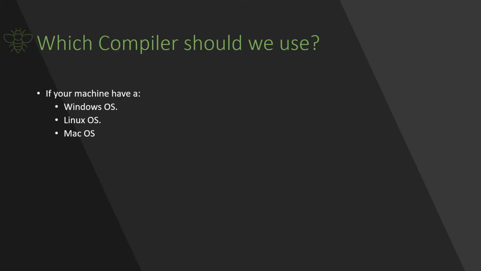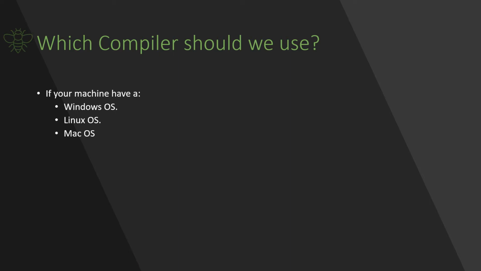So let's begin. Obviously a compiler installation depends on which type of operating system you are using on your machine. Basically three popular operating systems are used throughout the world: Windows, Linux and Mac.